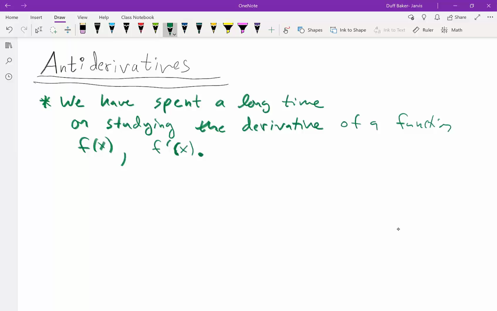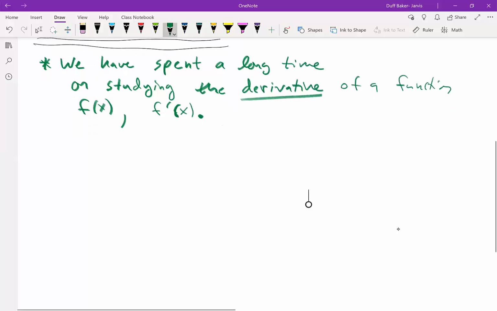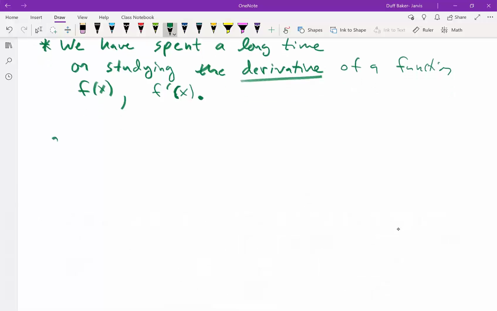Yeah, so we spent a long time thinking about the derivative, which was, when we asked the question, what was the rate of change of something? Now we're going to switch gears and consider the opposite question. So can we undo this operation?